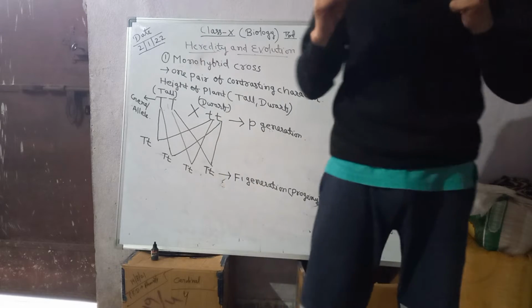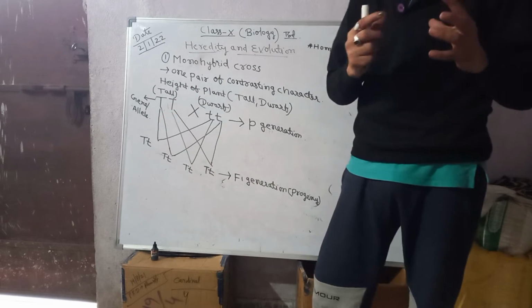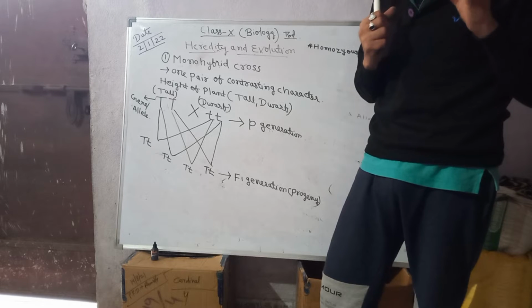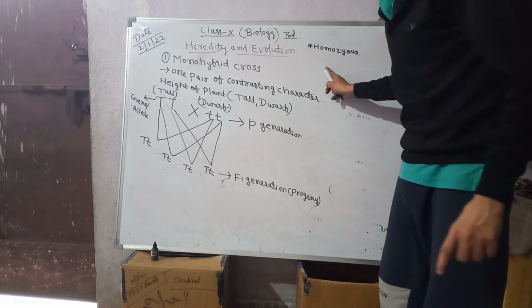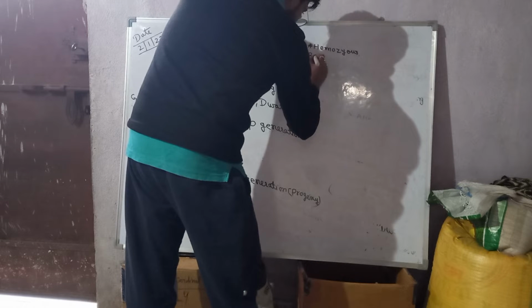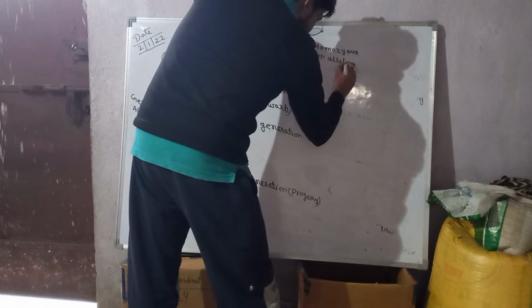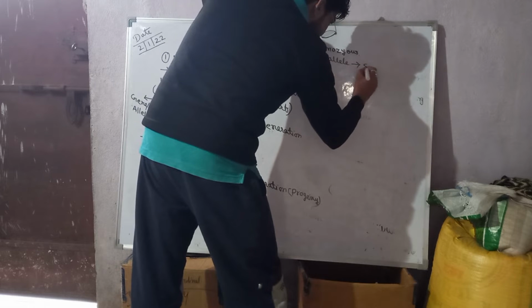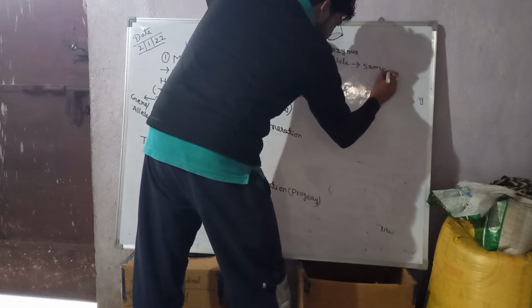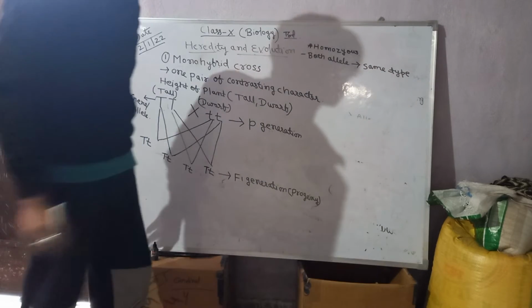Homozygous means, my dear student, when both the alleles are of the same type, when both the genes are of the same type, then it is known as homozygous.